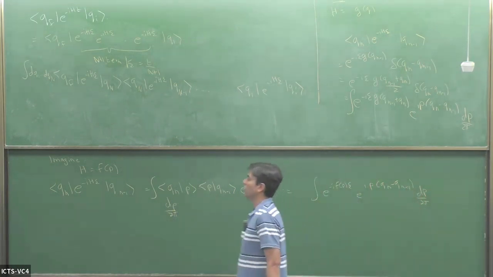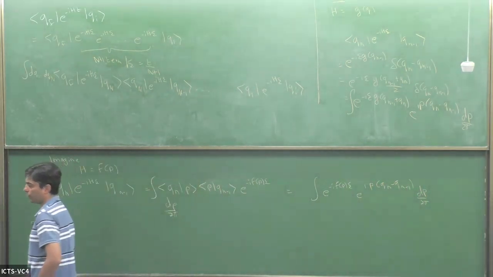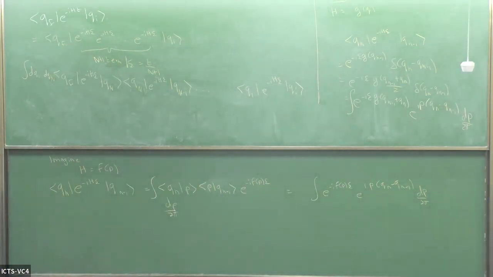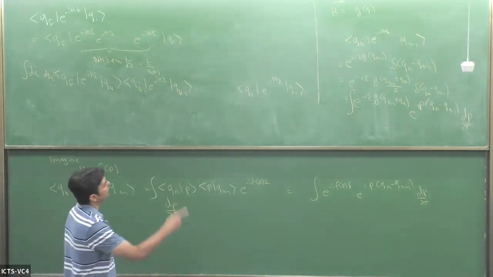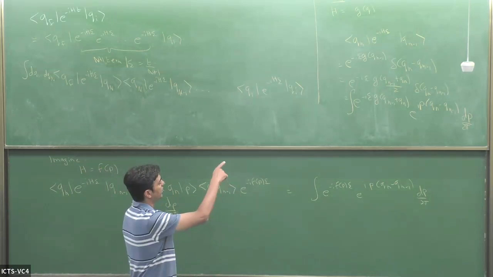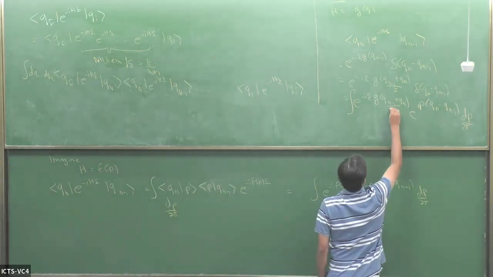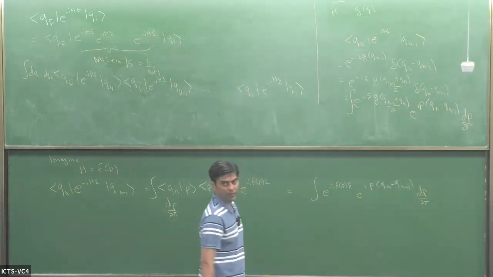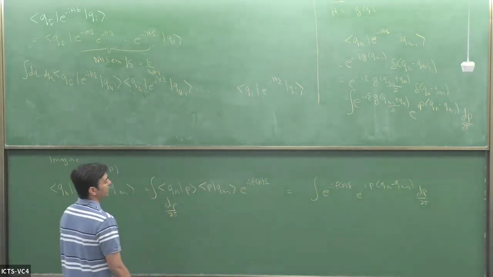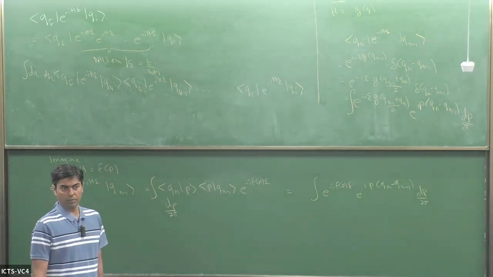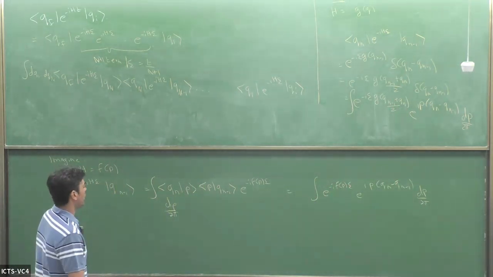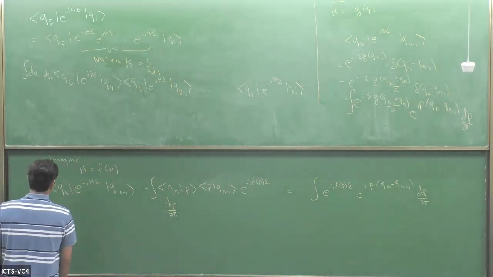So if h was a function only of q or only of p, then each of these terms gets a very simple form: in the case of g, you pull out the function at its mean value, and you pull out this factor which looks like e to the i p q_{n-1}. Okay, good.